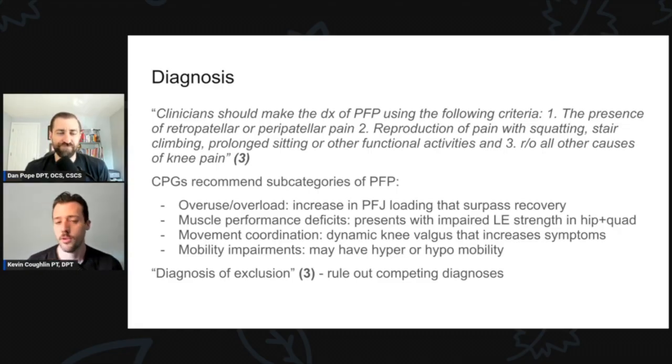So that might help a little bit with how you're thinking about what bucket this person's in. Maybe it could help guide treatment a little bit. But these are just some things to keep in mind when you're trying to diagnose patellofemoral pain. All right. I think one of the big ones you already mentioned is this is a diagnosis of exclusion. So largely you're just trying to rule out other more serious pathologies, or other pathologies that are treated differently.